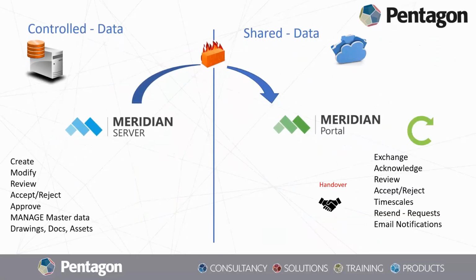So again, just to focus in on that, what you can do in the Meridian on the server side is, and what Owen's going to show you, is he's going to play two roles. He's going to be the document controller for the client. Sitting in the Meridian server is where you can create, you can modify, you review, you accept and reject the data, you can approve it.